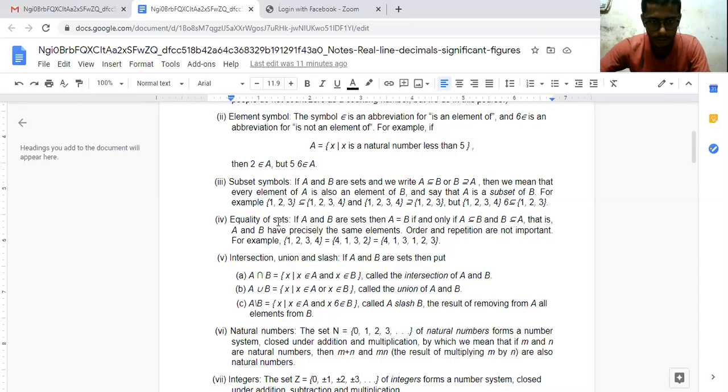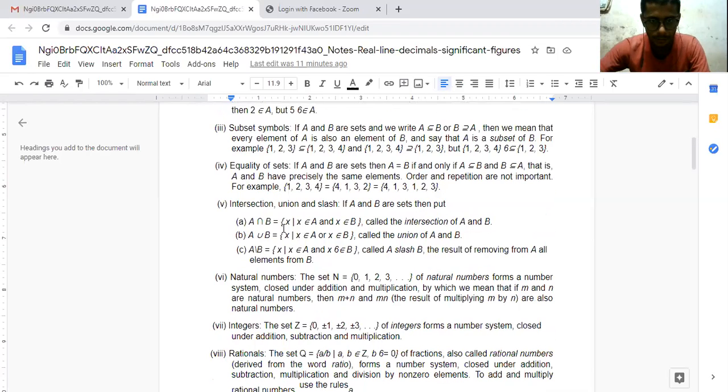Then equality of sets: if you arrange 1 to 4 in any order, it could be 1342 or 1432 or 4312, and it would always be equal. It doesn't matter how you go.